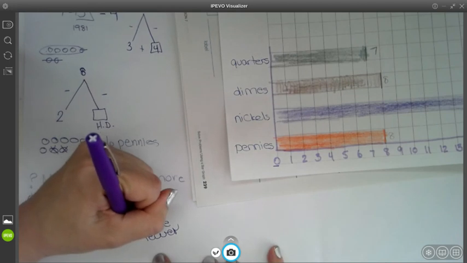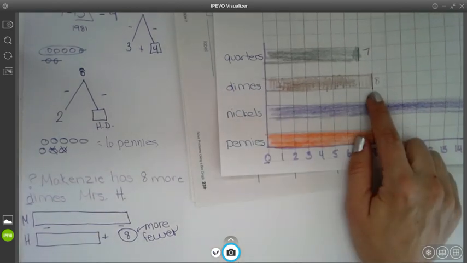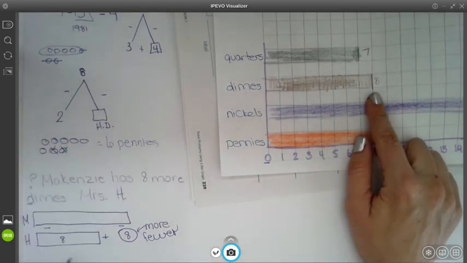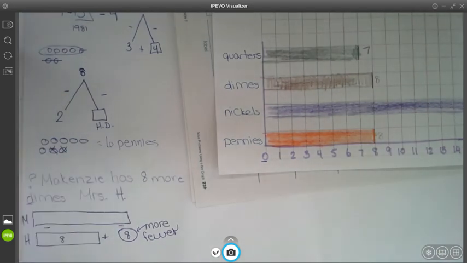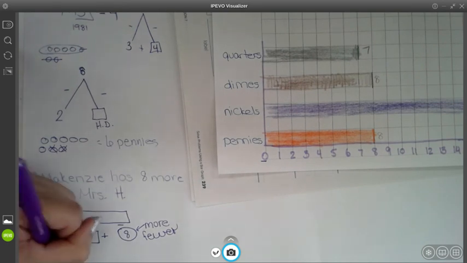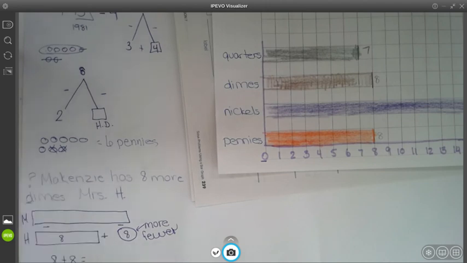So if we know that Mackenzie has 8 more dimes than Mrs. Hampton, and do we know how many dimes Mrs. Hampton has? Yes, we do. Mrs. Hampton has 8. So if I look right here, I can see that in order to solve the number of dimes that Mackenzie has, I can say that 8 plus 8 will give me that number that Mackenzie has.